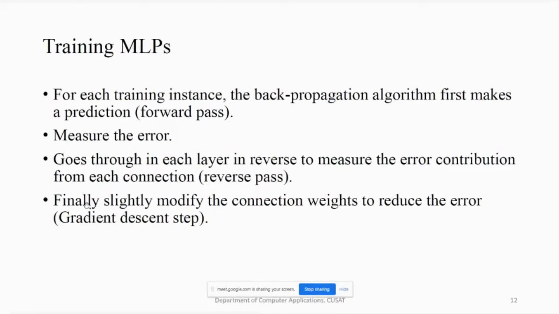This step is known as the gradient descent step, and I think all of you know the concept of gradient, dy by dx, that is the derivative of y with respect to x, and in this case we use dw by de. De means the derivative of the weight with respect to error. And with the help of this gradient descent step, we can tune the weights.